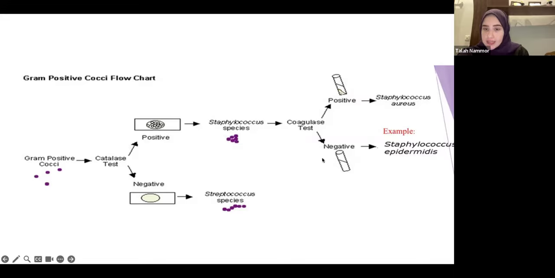We do the coagulase test. Now, coagulase test, if it was positive, then it's Staph aureus, not Staph epidermidis. If it was negative, it's Staph epidermidis. If I want to be 100 million, يعني 100% sure that it is Staph aureus, I could just do DNA tests, like the DNAs, and if it was positive, then it's 100% Staphylococcus aureus. Is that clear?